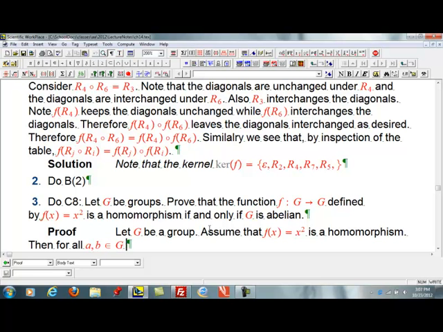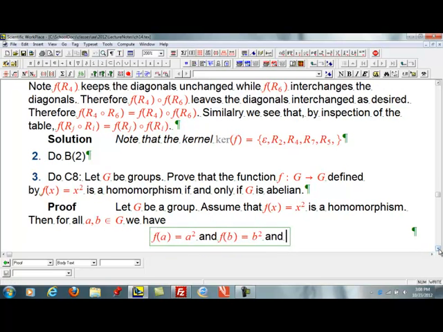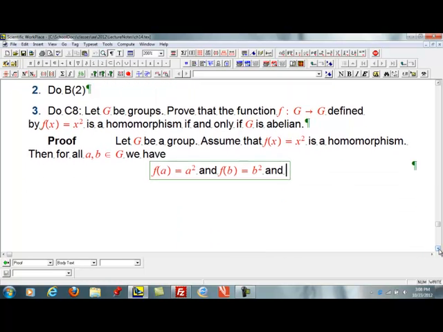Yeah, for all a and b in G, we have f of a equals a squared, and f of b equals b squared. And f of ab has to be equal to what?